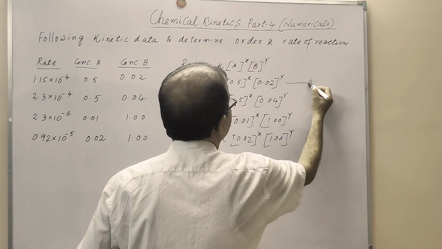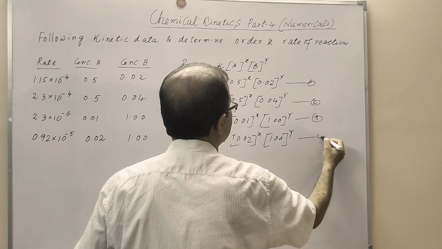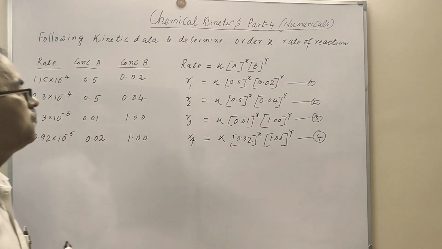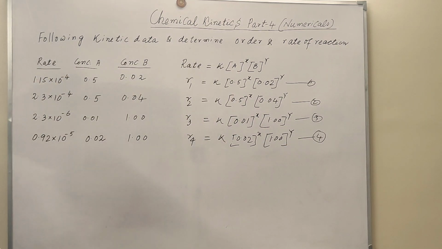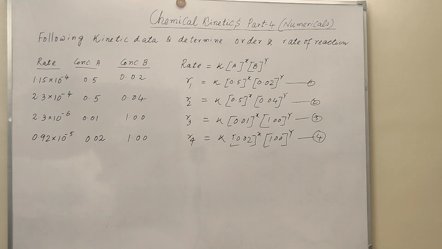These are equations 1, 2, 3 and 4. From the 4 equations we have to calculate x and y with mathematical simplification.